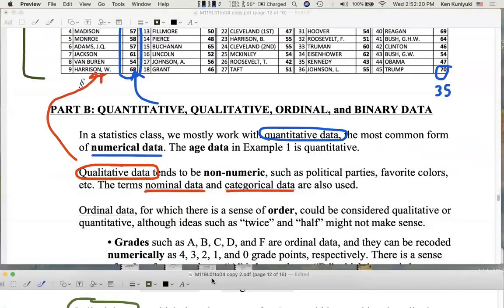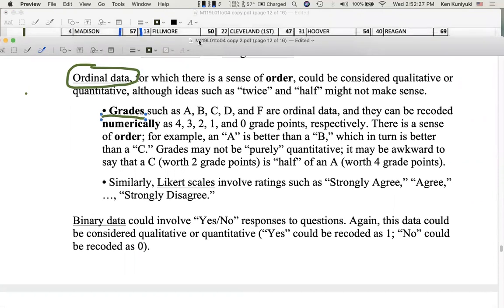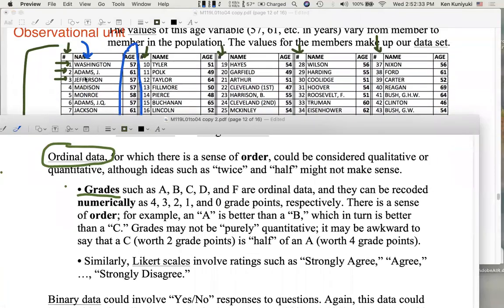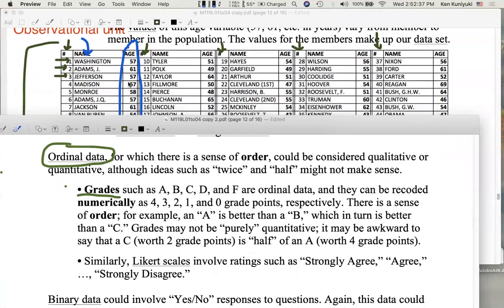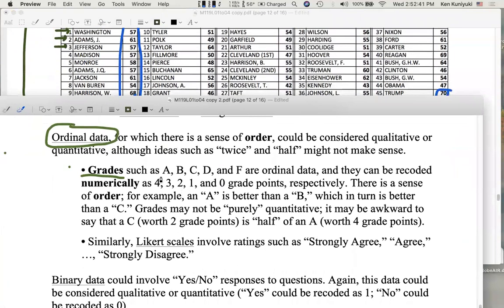Now, what else is an example of ordinal data? Grades. Again, ordinal data is kind of in between qualitative and quantitative. The order numbers of the presidents look kind of quantitative, okay? But grades look kind of qualitative in the sense that they involve letters, right?